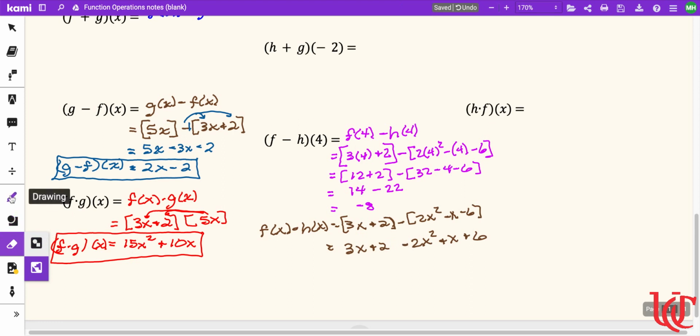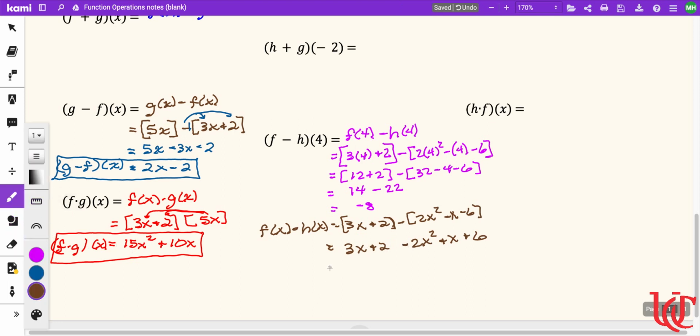And then I can combine like terms, put things in order if I want. So this is going to be a negative 2x squared. I have a 3x and a 1x, so this is plus 4x. And 2 plus 6 is 8, so plus 8. Now I can think, okay, I want to put that 4 in, so this would now be f of 4 minus h of 4, because this was just the x's.